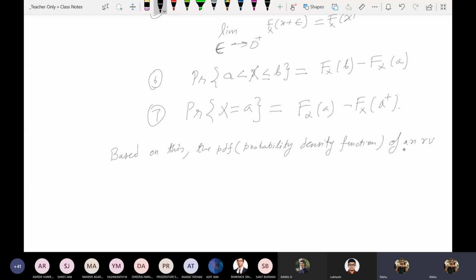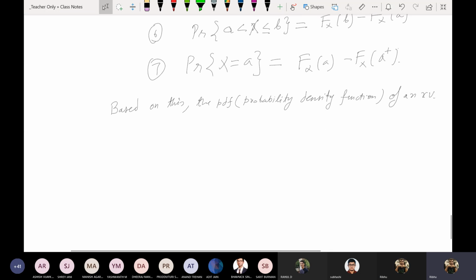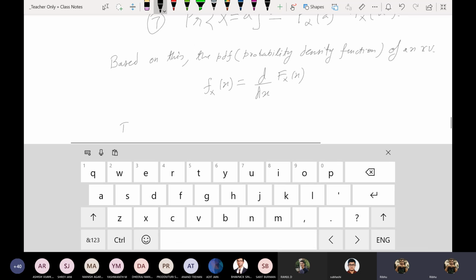Whenever I use the full term I write "of a random variable", and whenever I use the abbreviation RV, I write "an RV", because R starts with the sound A. The PDF of a random variable is defined as f_X of x equals d by dx of F_X of x. Fine. It has the following properties.